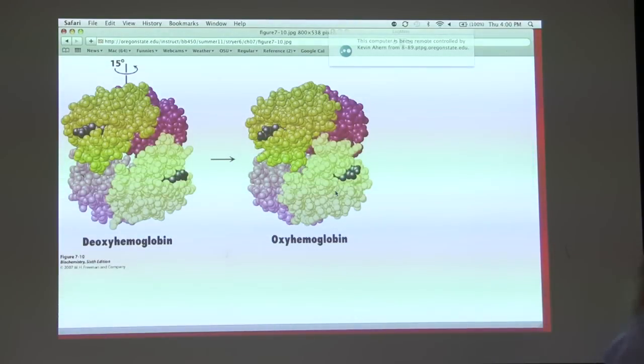Hemoglobin is flexible. One of the properties I said about proteins that was important for their function was their flexibility, and it's their flexibility that allows it to change from a tight to a relaxed state. And though that looks like a very subtle change, it is. I told you that with that 0.4 angstrom movement caused these things to happen. Now, I said that 0.4 angstrom movement is responsible for us being animals.